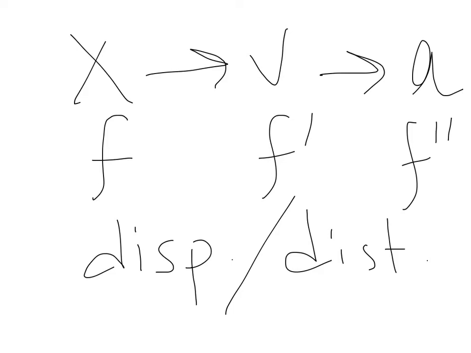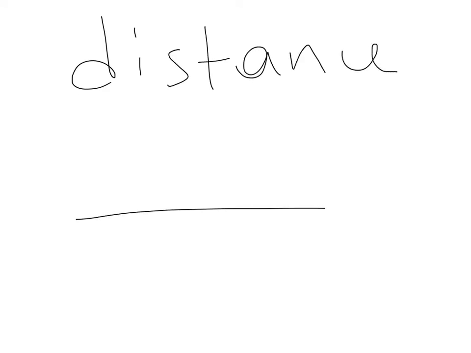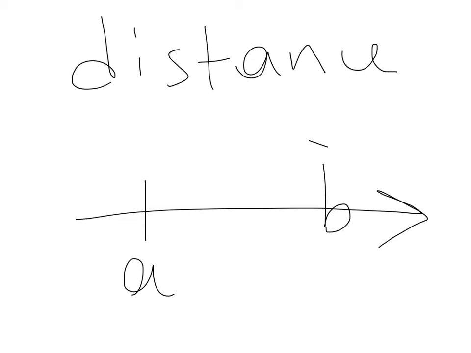So if you're on a certain line and you go from point A to point B, and then you go backwards, well, you have a displacement of 0 because you went and then you came back.